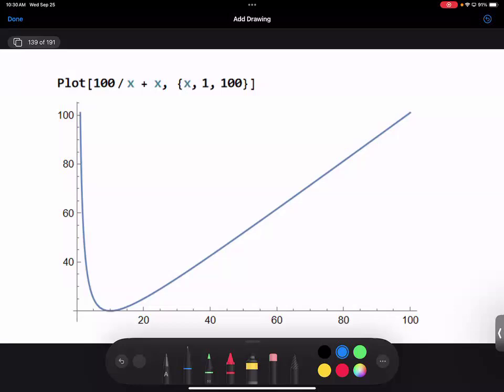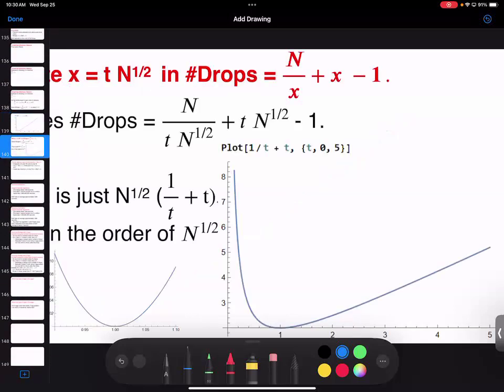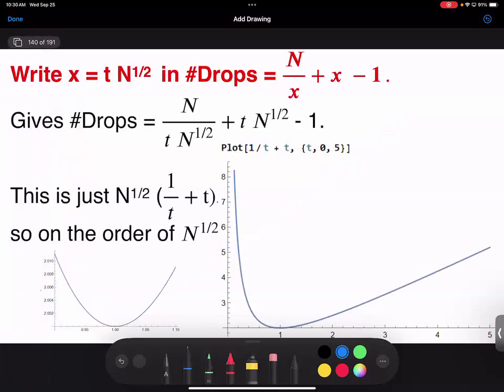And so there it is suggesting that we need to use some calculus, but there are some good ways to look at problems like this. So one is, we've talked a little bit about rescaling. What's the natural scale for this problem? It should be clear at this point that the square root of the number of floors seems to be the right scale to study things. So instead of letting x be where we drop it, let's write x as t times the square root of n.